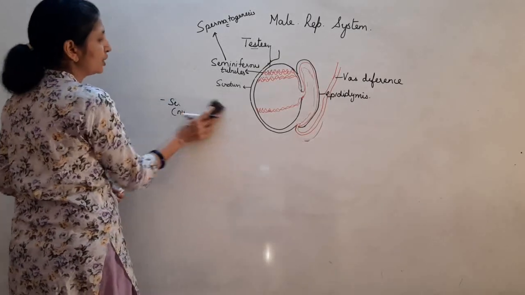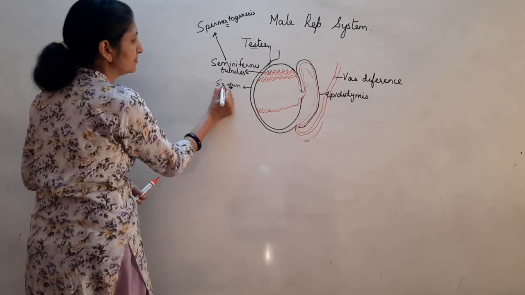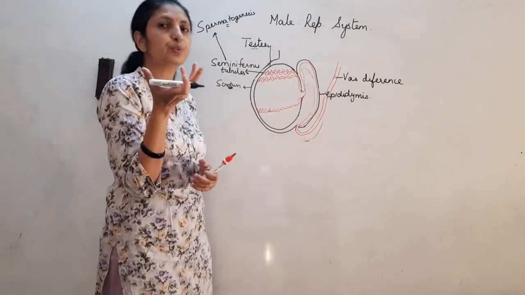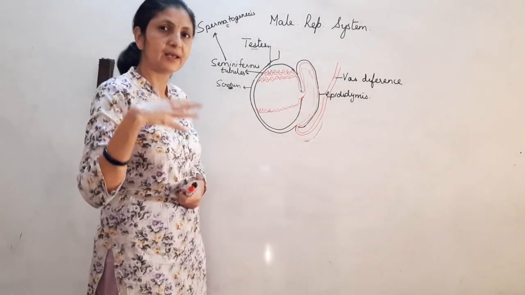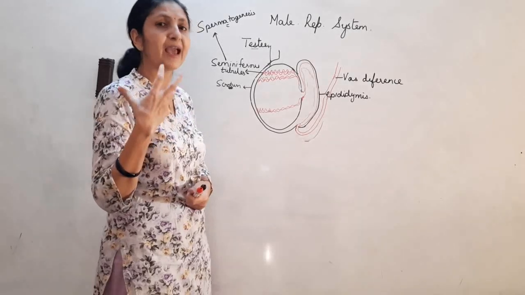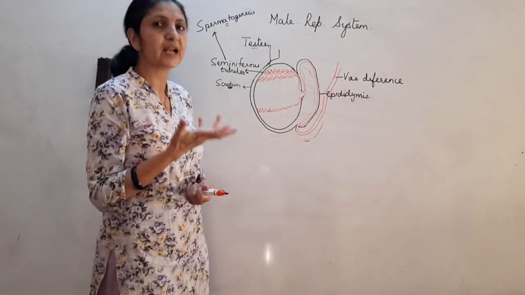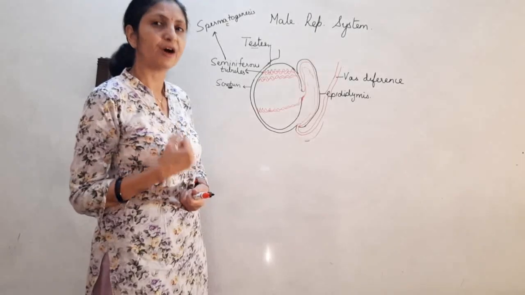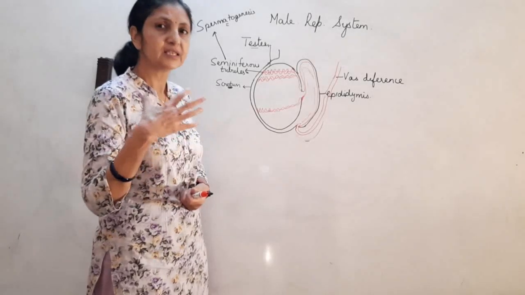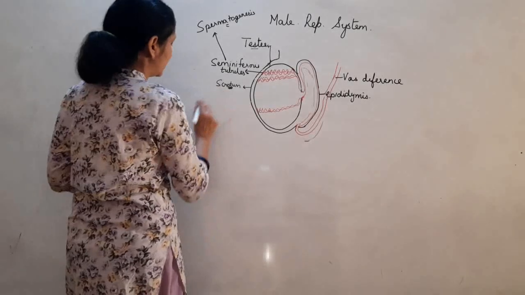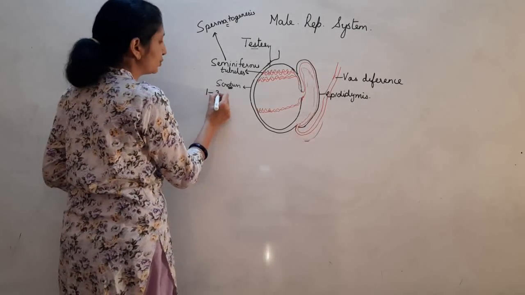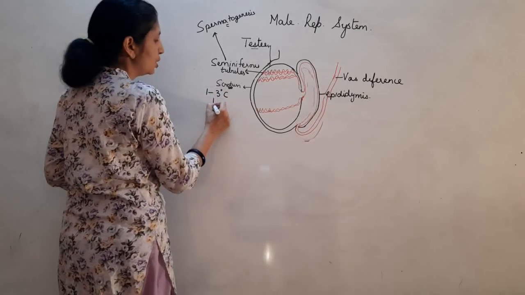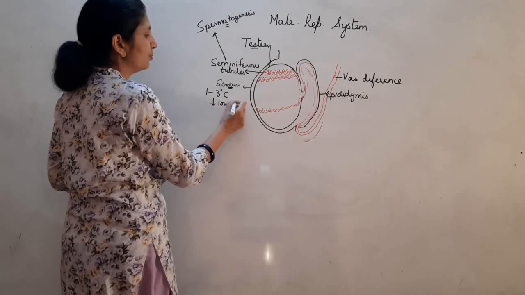Okay, now talking about the scrotum, it is a pouch in which the testes lie, and it is extra abdominal, lying outside the abdominal cavity. Outside the abdominal cavity, why? Because in the scrotum, the temperature is 1 to 3 degrees lower than the normal body temperature.